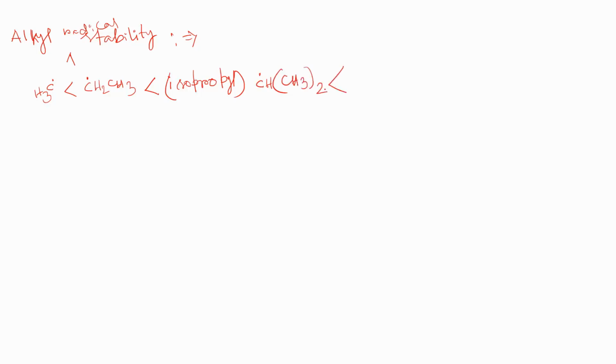Now the last one, which is the most stable, is the tertiary butyl radical, that is C dot (CH3)3. In short we can also call this the t-butyl radical. This is the most stable radical, and the methyl one is the least stable.